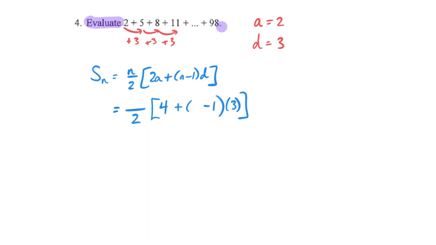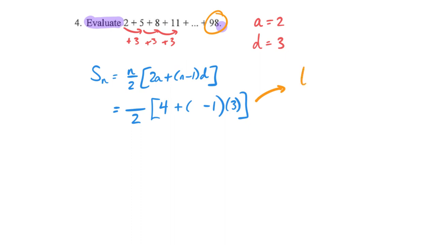Well, if you're stumbling your way through this, don't feel like you have to know where you're going at the very beginning. Feel free to hop out of your solution. Right now, I need to find what n is, so I'm going to go on the hunt for n. That means I really need to find out what term number 98 is.